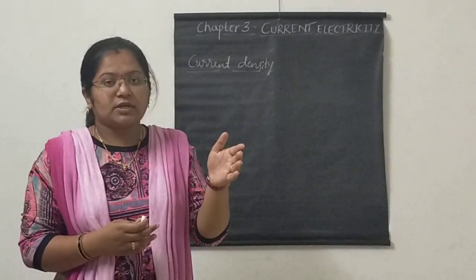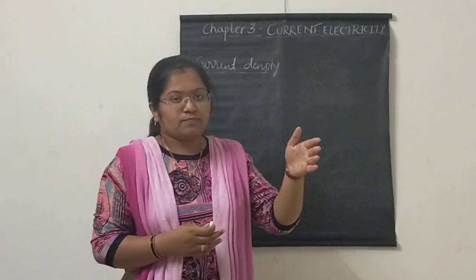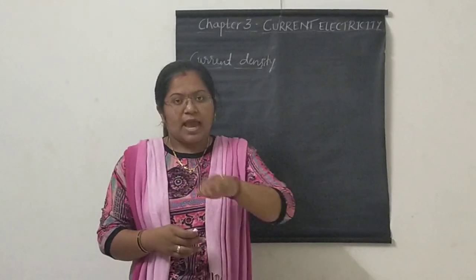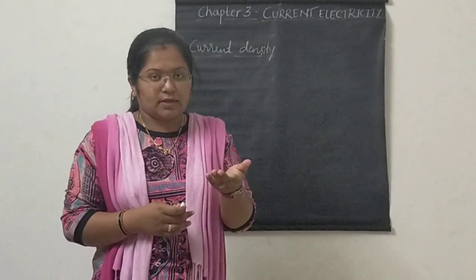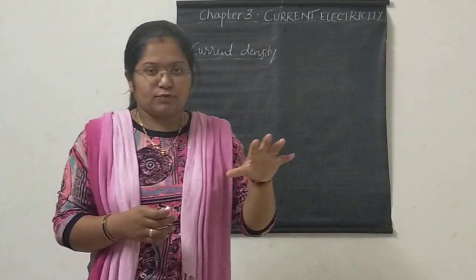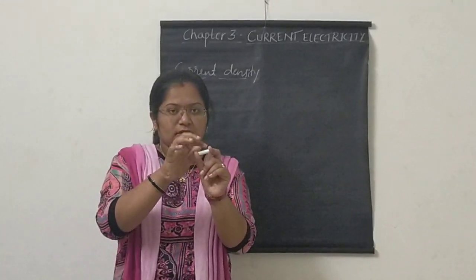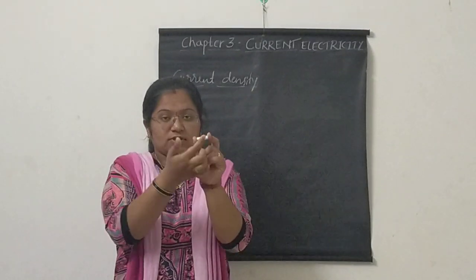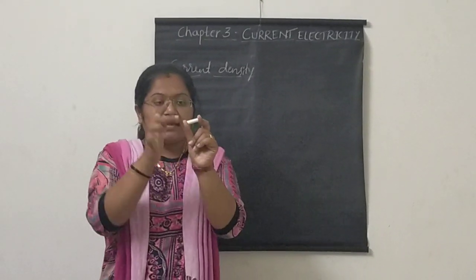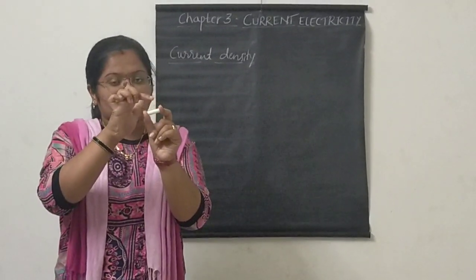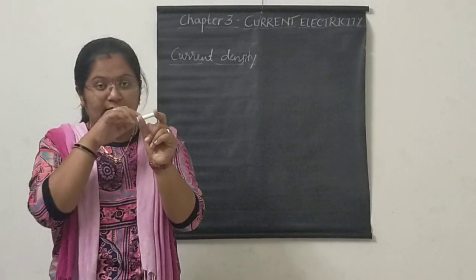What happens in the conductor? Electrons are moving from the positive to the negative direction and hence they constitute a current. Let's consider this as a conductor. In this conductor, electrons are moving in this direction and the electric field is in this direction, which we studied in detail in the last videos.